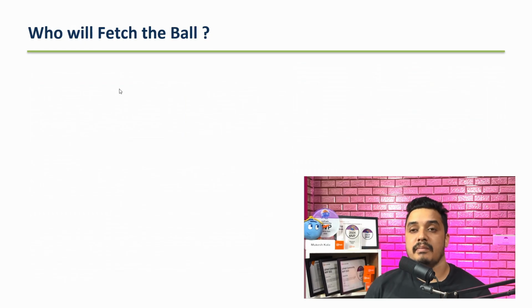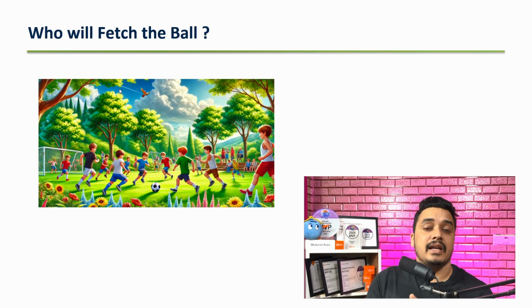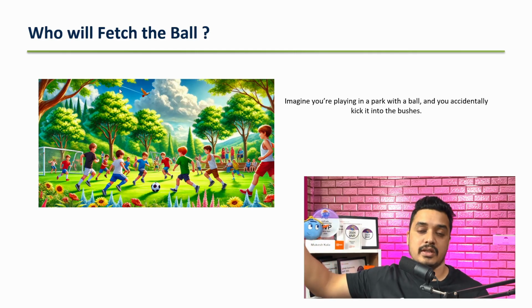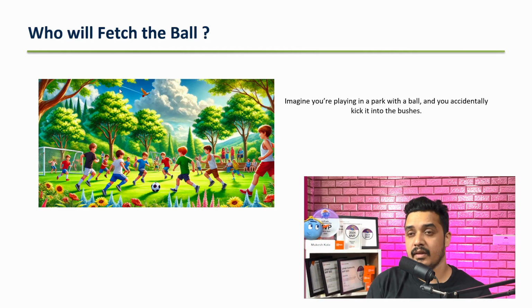I call this example who will fetch the ball. Okay, there is a second picture on the screen. There are a lot of small kids playing football on the ground. Now when you are playing, somebody hits the football and it goes into the bushes or into the forest. Now the question is, who is going to fetch the ball?